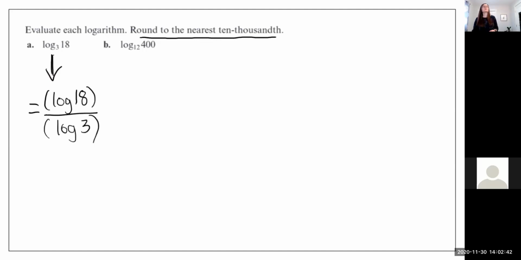You have a log button, you have an ln button, but you don't necessarily have log base b. I think you might actually have it under special functions, but it's easier to just do this.